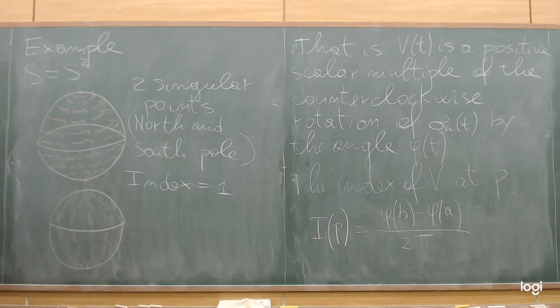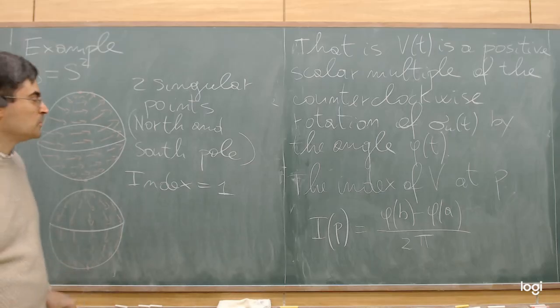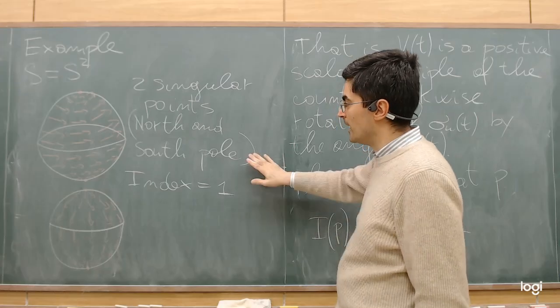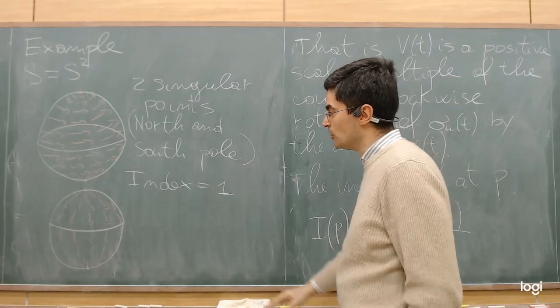It's a vector field which is 0 here and here. And it's possible to prove that these conclusions are all true also in this case.